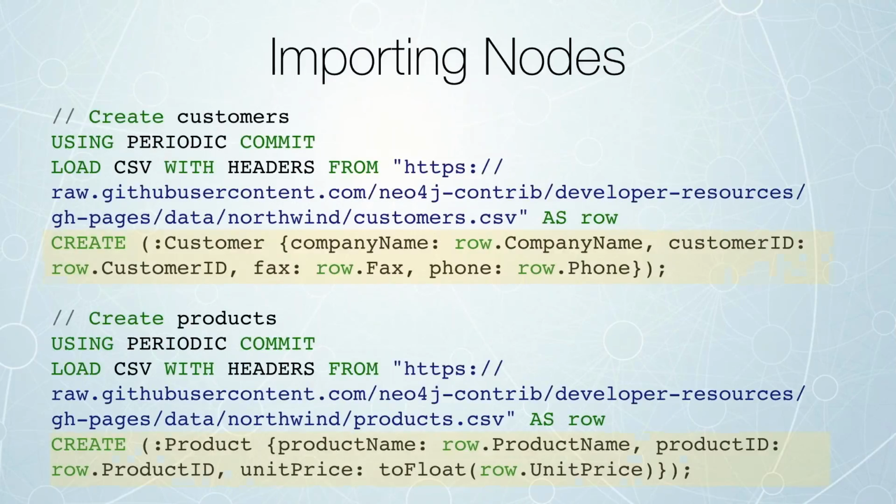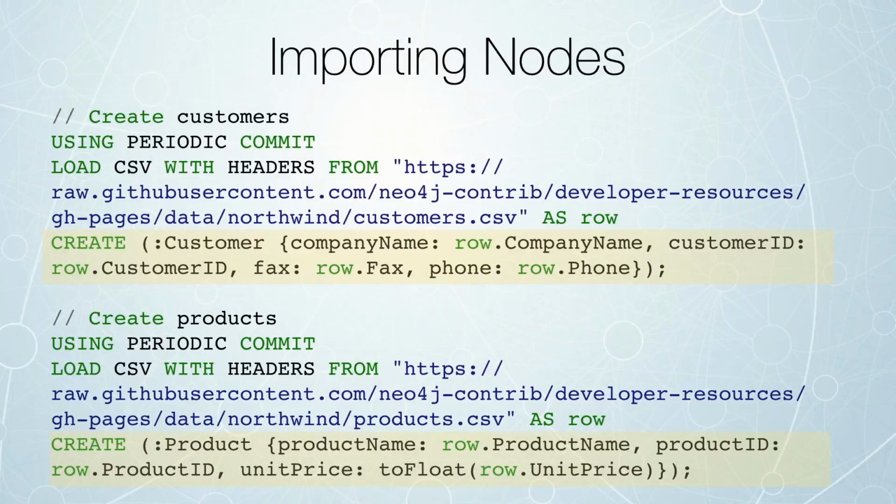Importing your nodes is done quite simply. You can see here I'm loading the CSV with headers from, in this case, an HTTP URL. You can also load it from local disk. Then I'm able to reference the columns in the CSV file using the names that are in the headers.